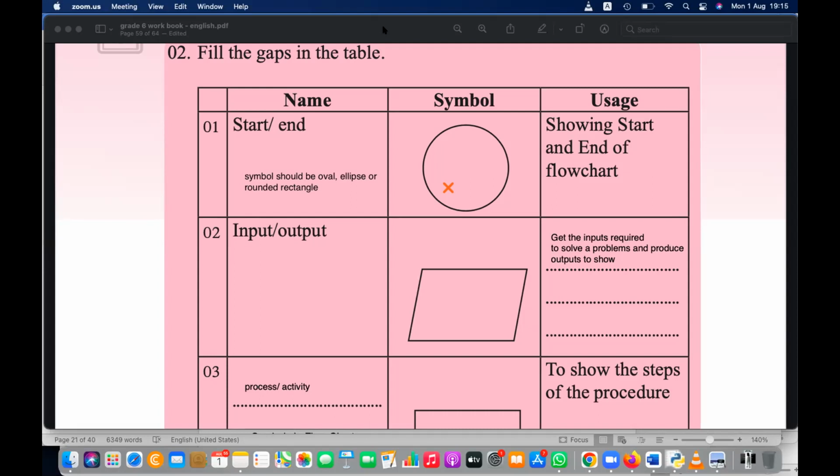Both input and output will be displayed using a parallelogram, right? Okay, next. Process and activity. What is the symbol for process? Rectangle. It's a rectangle. Yes, correct. So here I wrote that it is used to get the inputs required to solve the problems as well as to produce the outputs, and we show that using this symbol.